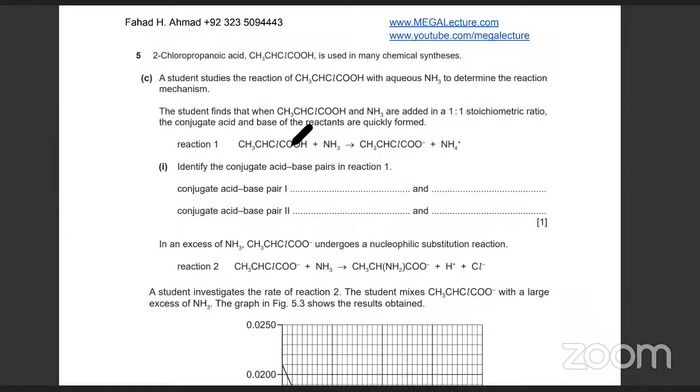So what is this behaving as, this one? It's behaving as an acid. ठीक है, this is acid and this is its conjugate base.